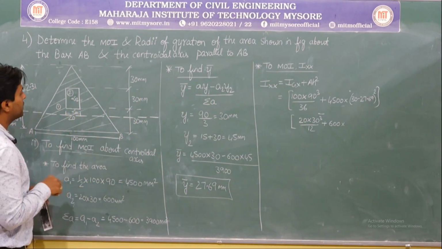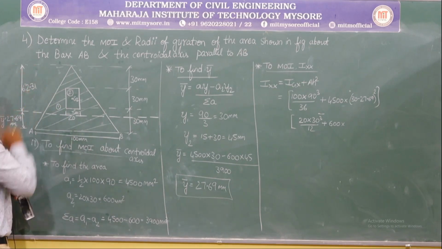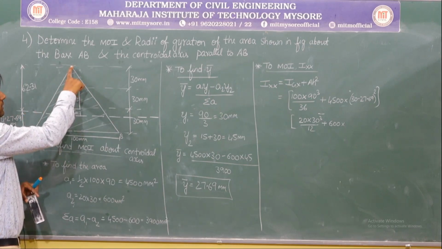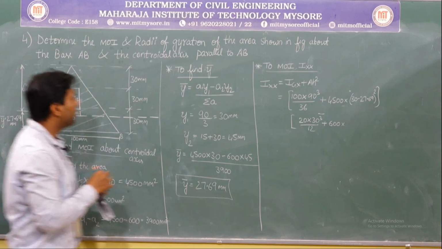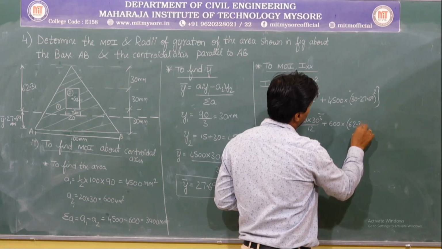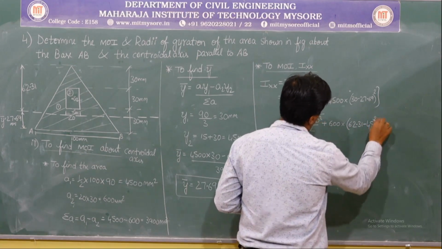I want you people to concentrate here. What is this total distance? 62.31. Yes or no? So I need to deduct this particular distance, which is 15 plus 30, 45. So 62.31 minus 45, whole square.